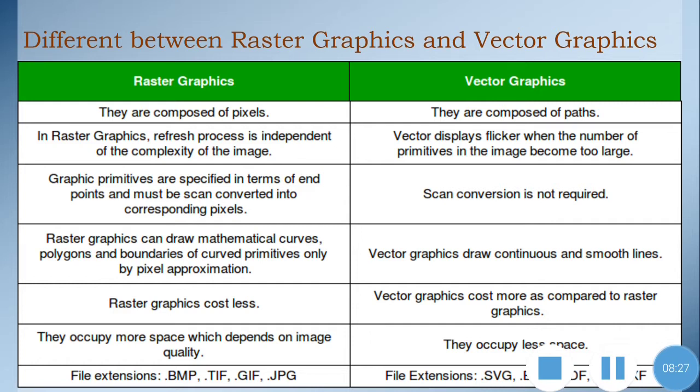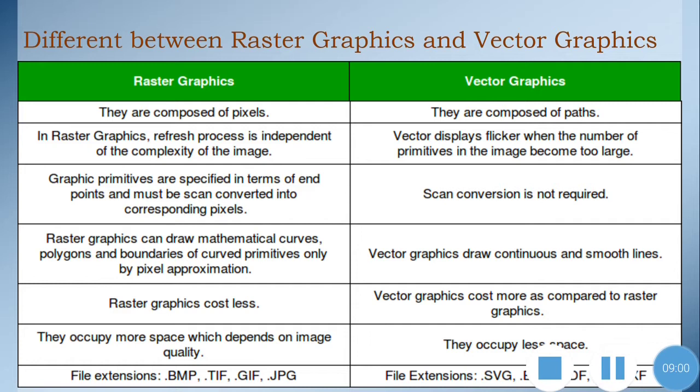In vector graphics, the display flickers when the number of primitives in the image becomes too large. In raster graphics, the graphics primitives are specified in terms of endpoints and must be scan converted into corresponding pixels. In vector graphics, scan conversion is not required.